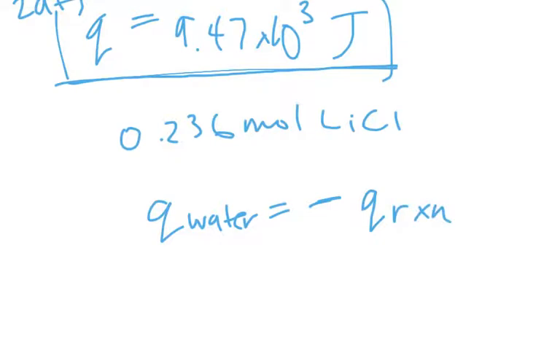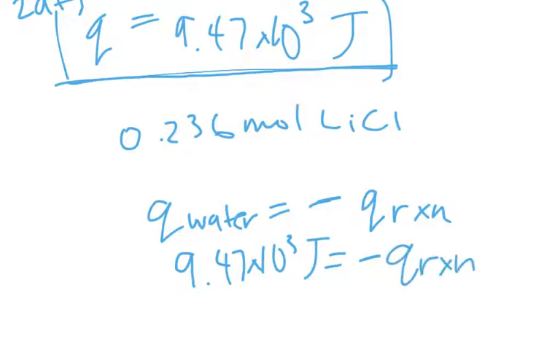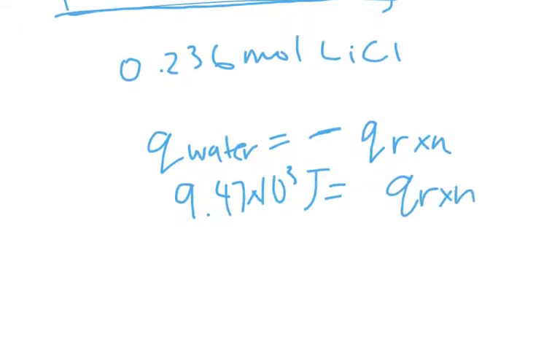So what I mean by this is that the Q of the water will be 9.47 times 10 to the third joules, but the heat that the water gained is the amount of heat that the reaction released. So it would be negative Q of reaction, and thus the Q, or the heat of the reaction, is going to be negative 9.47 times 10 to the third joules.